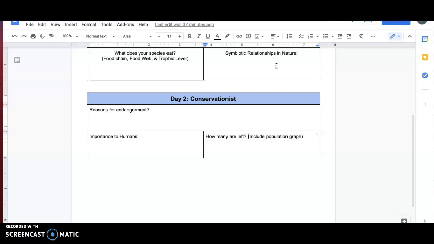Like I said, it is just a starting point for those websites I shared with you, but this needs to be done for the next part for your Real World Wednesday tomorrow. Giving you a little heads up on that. You're going to end up creating a Canva poster with this information on your endangered species. That's going to be your last activity for Real World Wednesday.